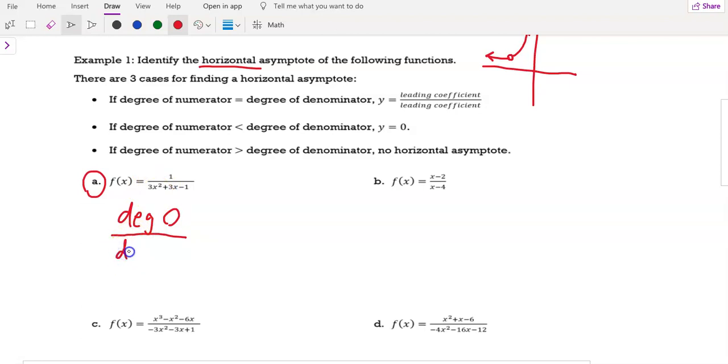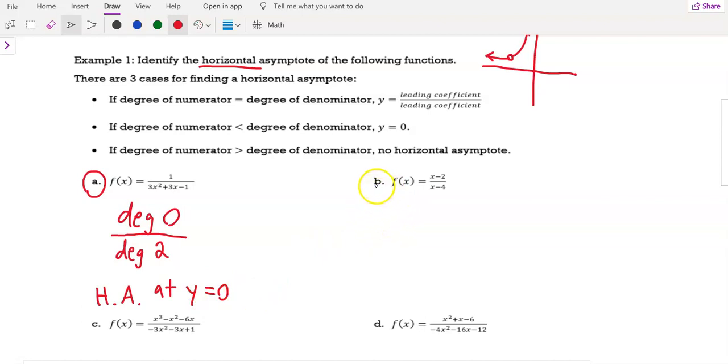Well, that's the highest degree, so I'd say that's degree 2. Now we say, well, the degree of the numerator is less than the degree of the denominator. Therefore, we have a horizontal asymptote at y is equal to 0.